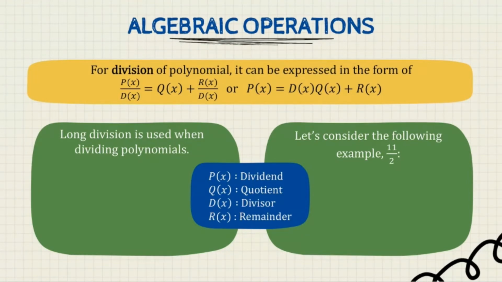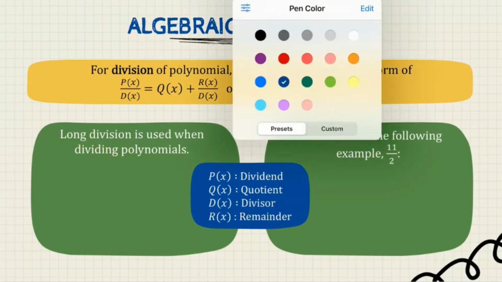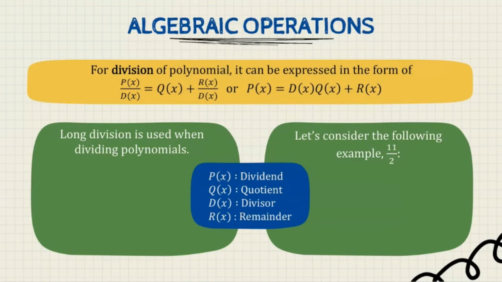Okay, now untuk division selalunya kita akan gunakan long division untuk divide the polynomial. So apa itu long division? Okay, saya akan tulis in terms of dia punya unknown kat sini. So let's say here, Px akan berada di dalam. So P of x is divided by D of x.